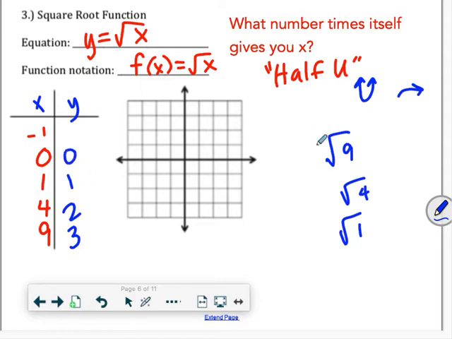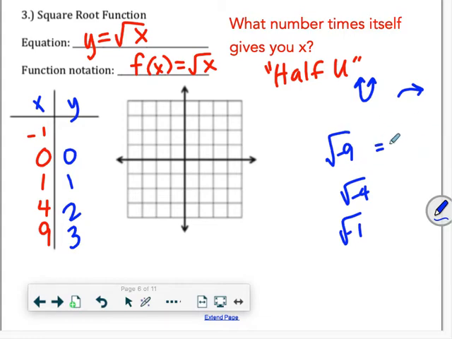Now, what if I said, what's the square root of negative 9? Negative 4 or negative 1? So the square root of positive 9 was 3. Some of you might be thinking the square root of negative 9 is negative 3. However, negative 3 times negative 3 is positive.